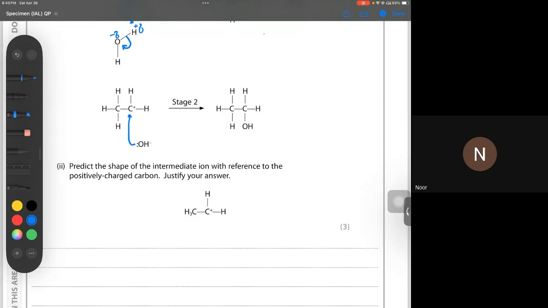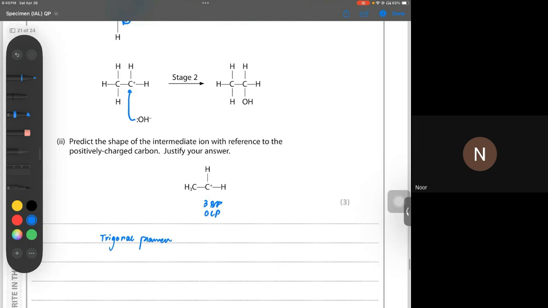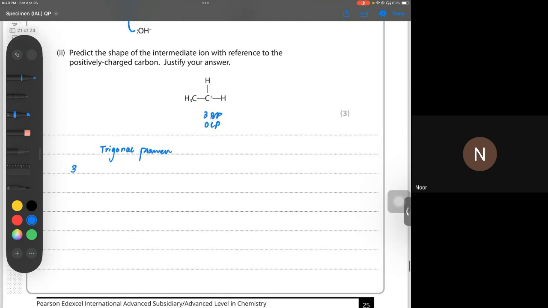Of course, it has three bond pairs, zero lone pairs. Trigonal planar geometry. So, three bond pairs are there around the central carbon.